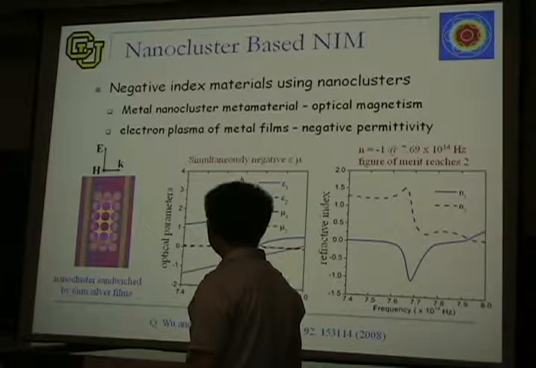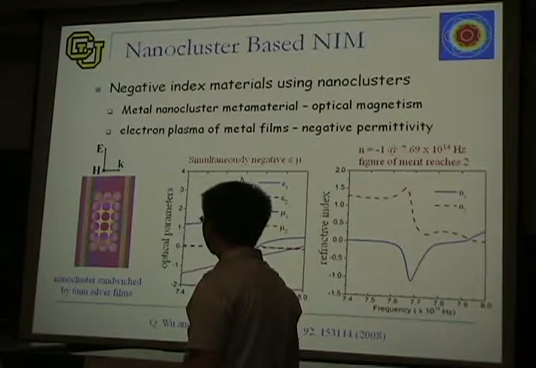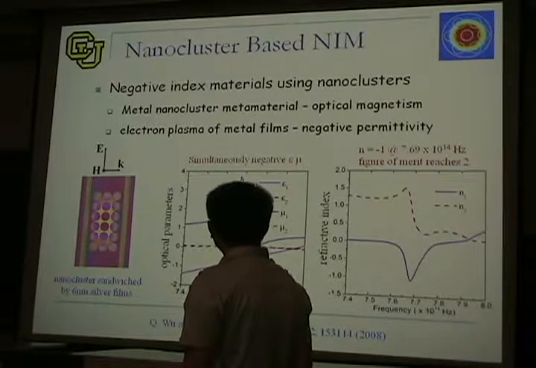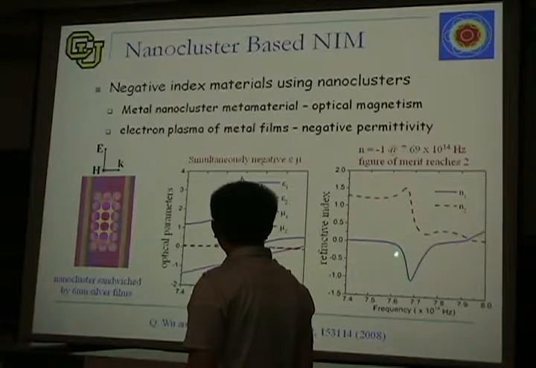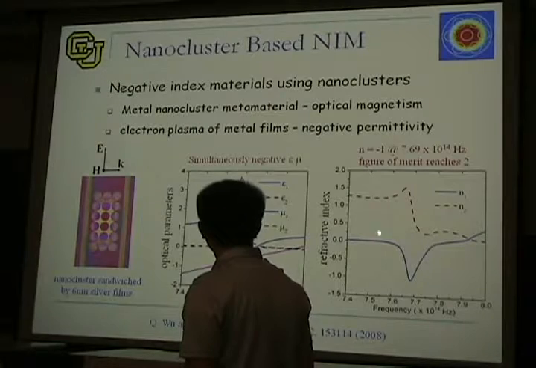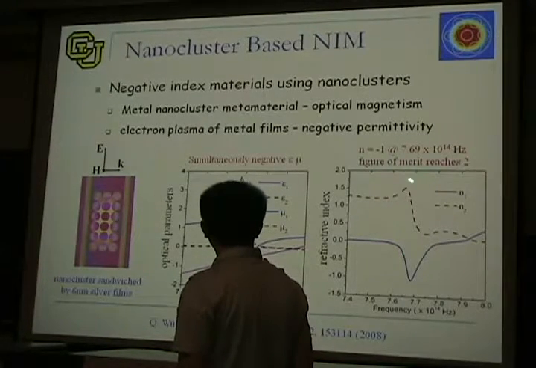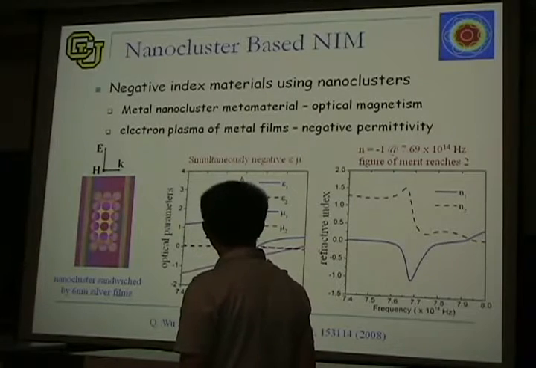The negative epsilon comes from the silver film, and the negative mu actually comes from the nanocluster. And therefore, you have a negative refractive index within this frequency range, which is shown in the blue curve here. The negative index in this particular case can reach -1 at this frequency.